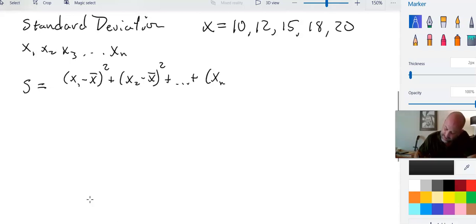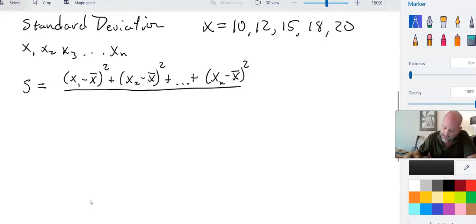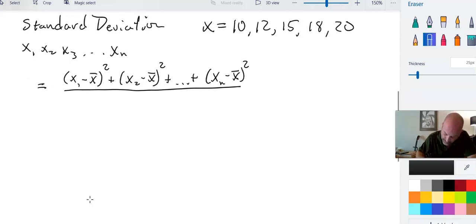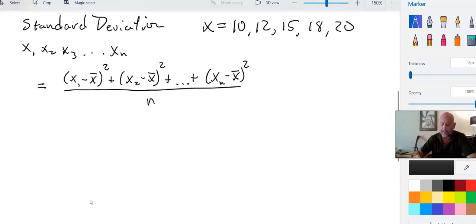So the last one would be xn minus x bar, squared. I was going to give you the complete formula, but I want to do it in pieces here. Once we add all these things up squared, we're going to divide it by the size of the sample that we're dealing with, or the population.